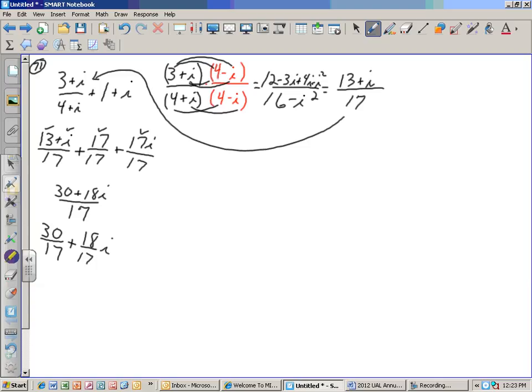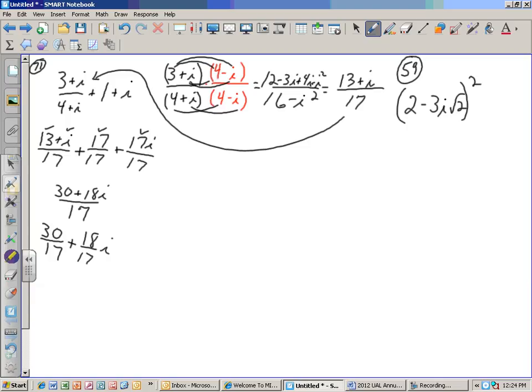Do you guys have any questions on any of the others? Okay, 59, is that the one with the fraction? No, 2 minus 3i square root of 2. So 59 is 2 minus 3i square root of 2, quantity squared.